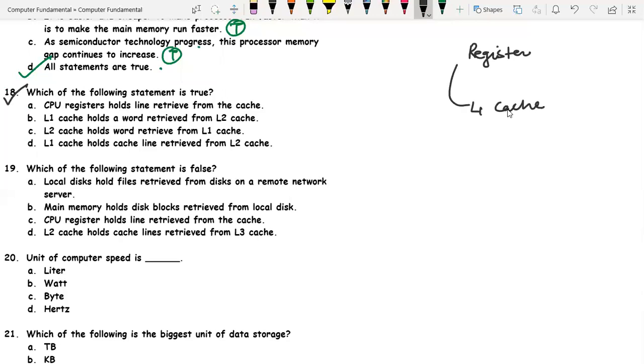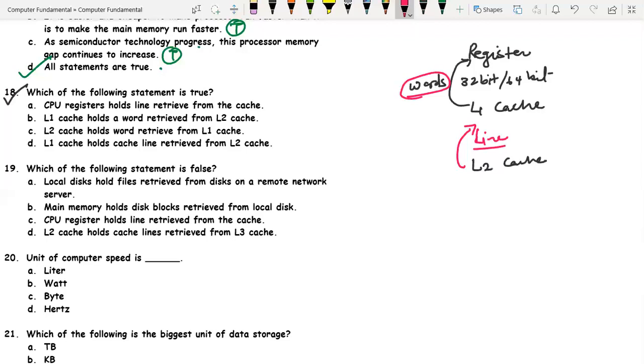Data transfer from L1 cache to register is in the form of words, generally 32-bit to 64-bit. Data movement from L2 cache to L1 cache is in the form of lines. Here we call the same data a word, here we call it a line. Similarly, from L3 cache to L2 cache, it is in the form of lines.